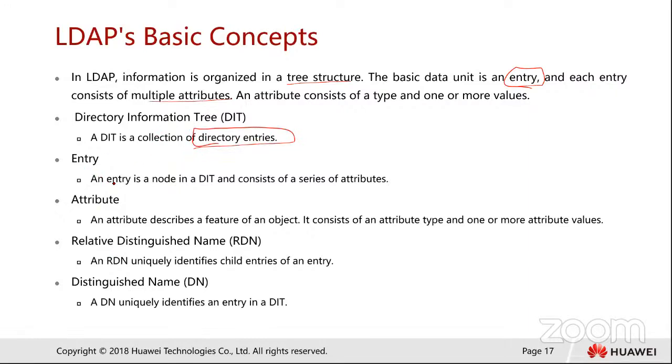An entry is a node in a directory information tree and consists of a series of attributes. An attribute describes the features of an object, and it consists of an attribute type and one or more attribute values. The relative distinguished name, the RDN, uniquely identifies child entries of an entry, and the DN uniquely identifies an entry in a directory information tree.